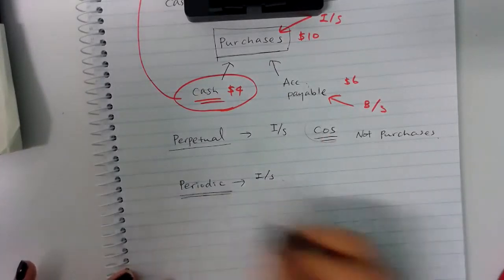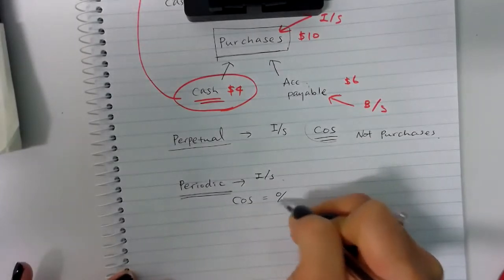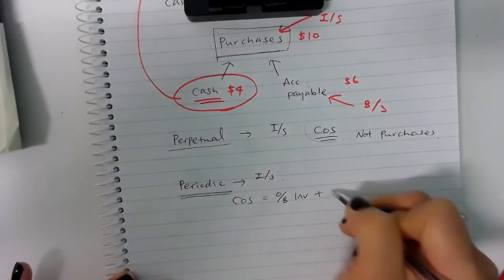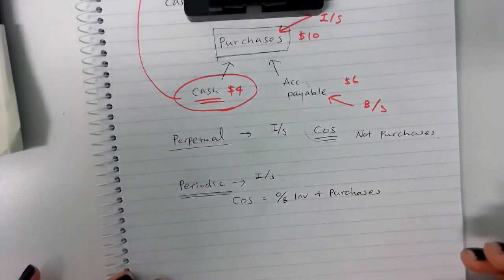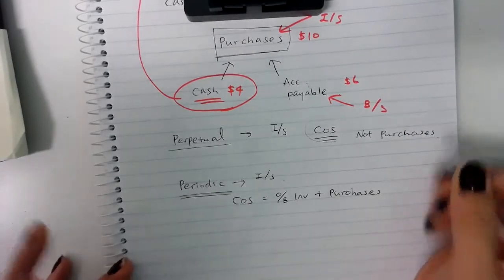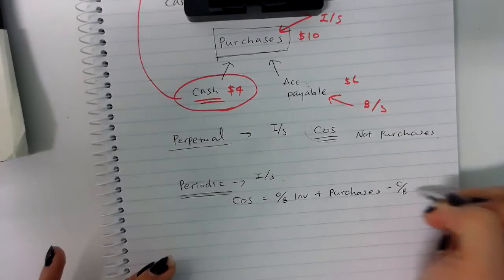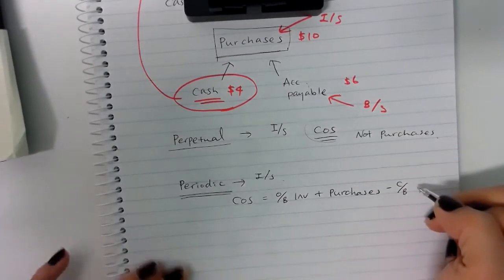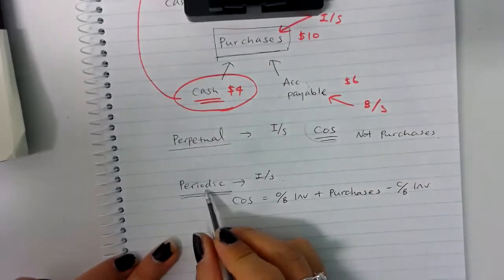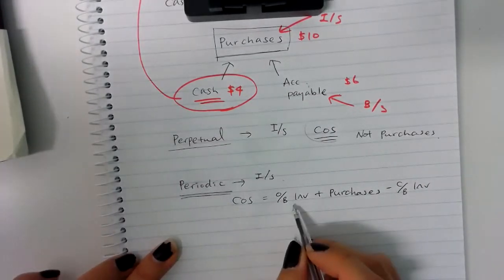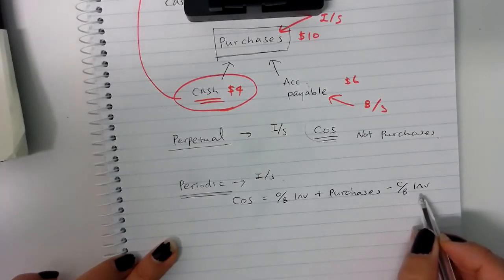So on the periodic inventory system, how they calculate cost of sales is opening balance of inventory plus purchases minus purchases returned and whatnot, and add freight inwards and things like that. But to simplify, this is how we calculate cost of sales on the periodic: opening balance of inventory plus purchases minus closing balance of inventory.